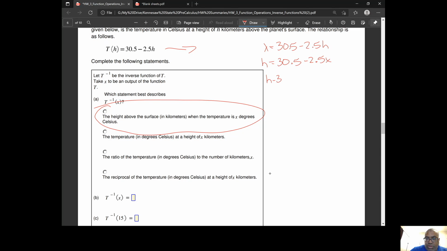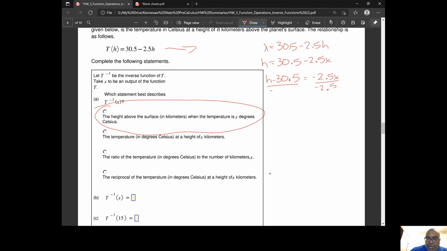h minus 30.5 is equal to negative 2.5x. We divide by negative 2.5. I know I skipped a step. I didn't show that I subtracted 30.5 from both sides.